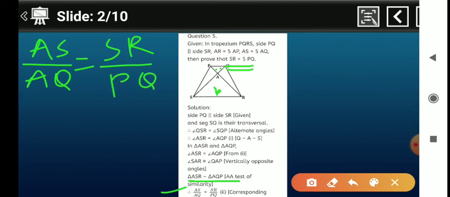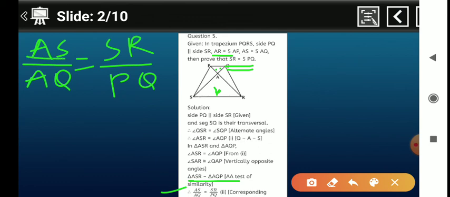Now see the question. Here AR is given, AR is equal to 5AP, but in this formula AR is not there, so we don't need it. Then AS is equal to 5AQ.